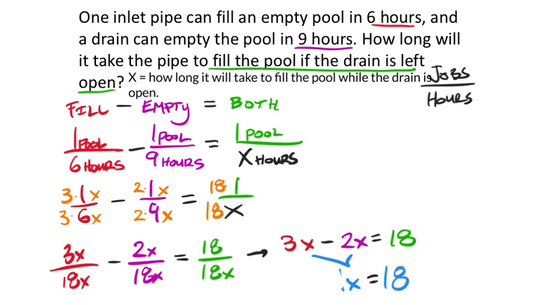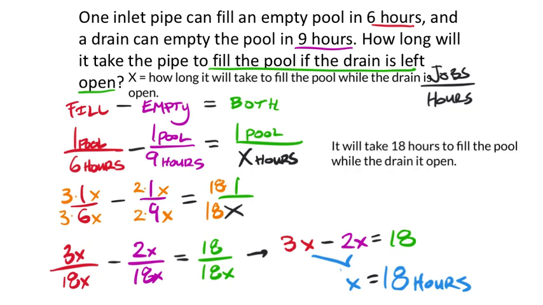I'll just make that a phantom 1. But what did x represent? We set up here that it's how long it will take to fill the pool while also draining it. So it looks like it will take 18 hours to fill the pool, and I'll specify that with a sentence here. Hopefully that makes sense.